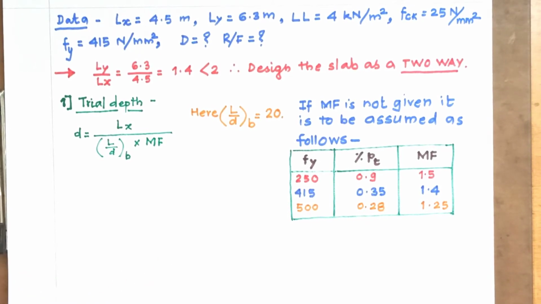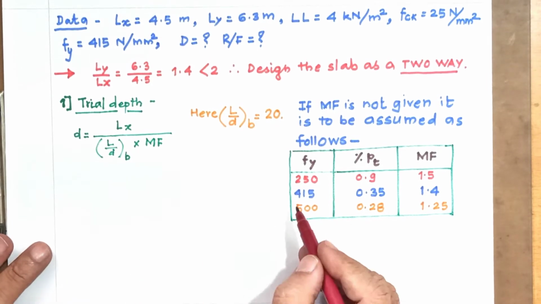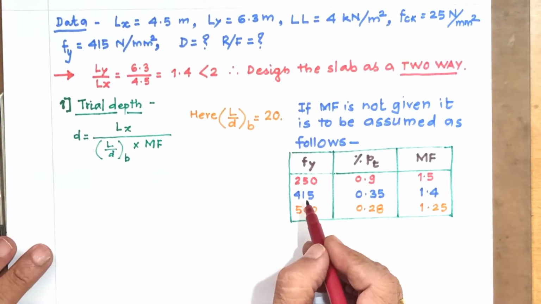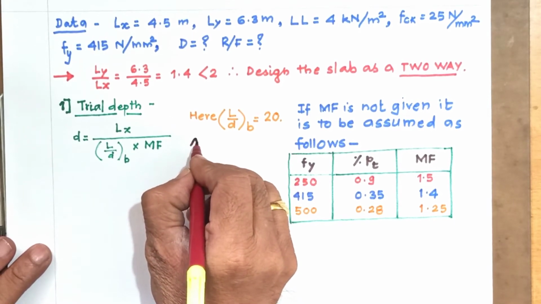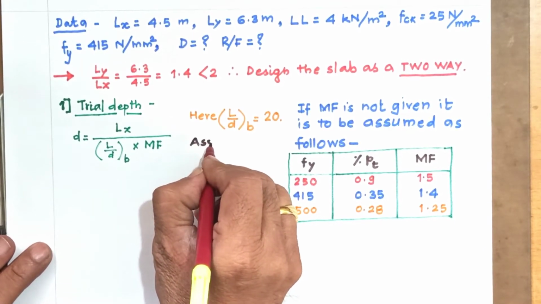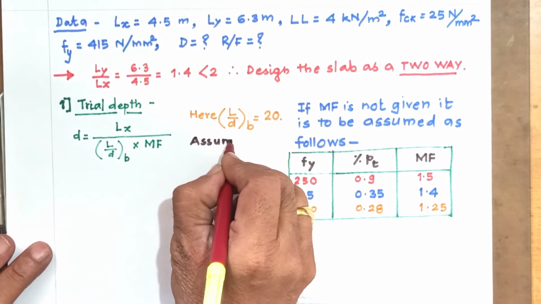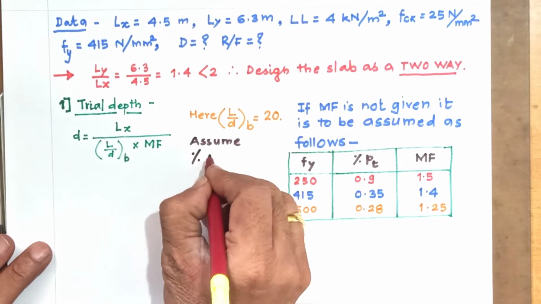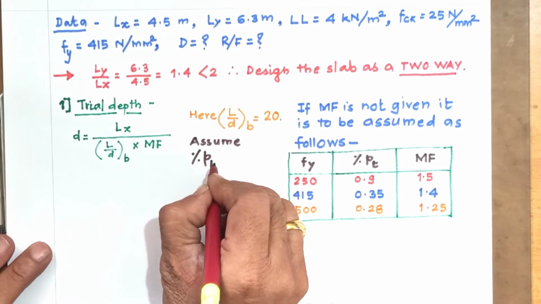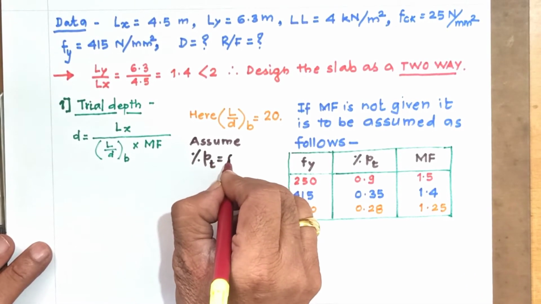Now here we are using Fe415. So, what I will do? Assume percentage PT is equal to 0.35.